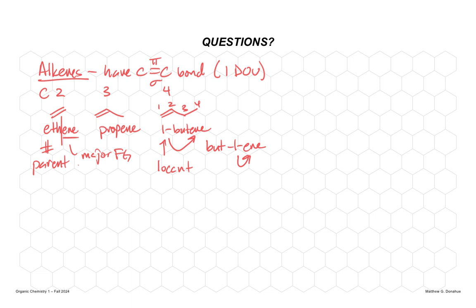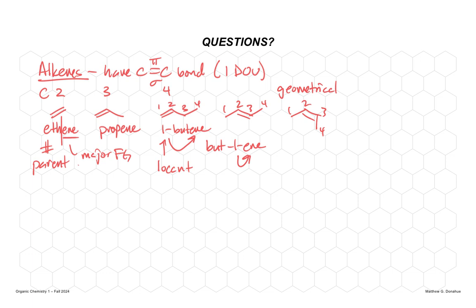But what if the alkene started at carbon 2? Now there's two situations, two isomers, in which you can draw. The relationship between these is called geometrical. And that's the geometry about the double bond. So how do we differentiate them if they're both 2-butene?